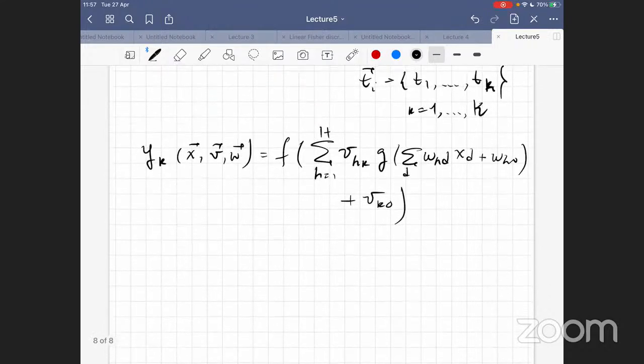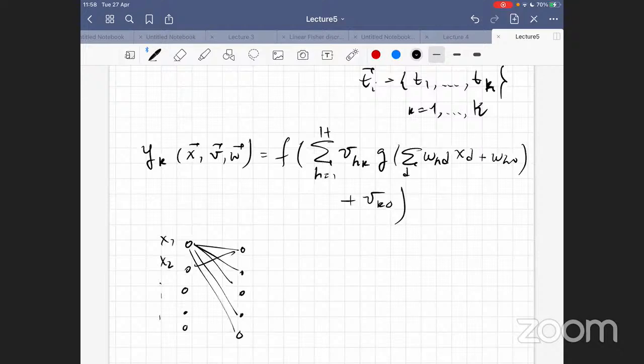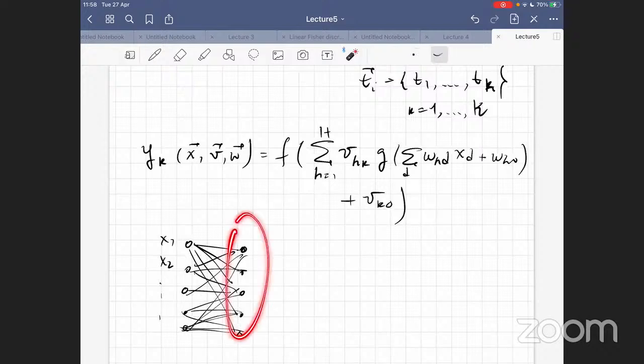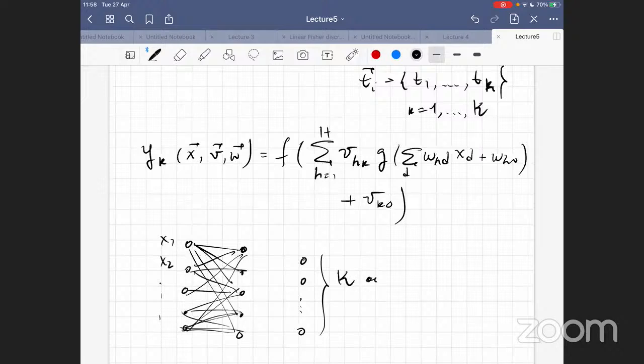So what I'm saying here is that this can be represented as, if this is x1, x2, etc., and this is z1, z2, etc., then I need to connect now all the points of my hidden layer to the outputs 1, 2, and there are k of them, and all of them will contribute to all the outputs, etc. Okay.